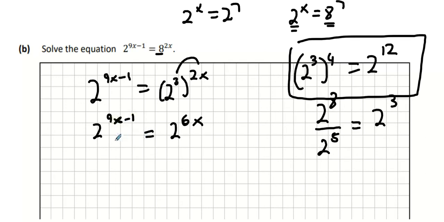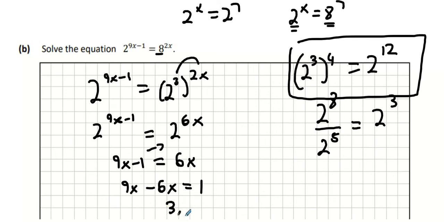Now that we know that the base numbers are the same, we can then say that 9x minus 1 equals 6x. Bring the 6x to the other side. 9x minus 6x equals 1. 3x equals 1. And then x equals a third. Okay.